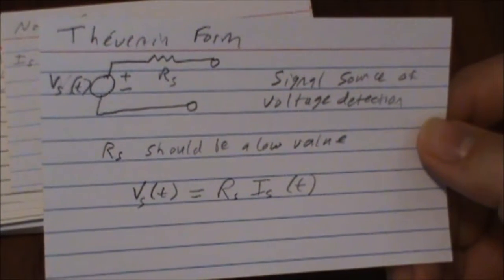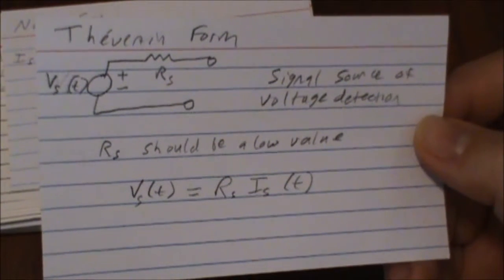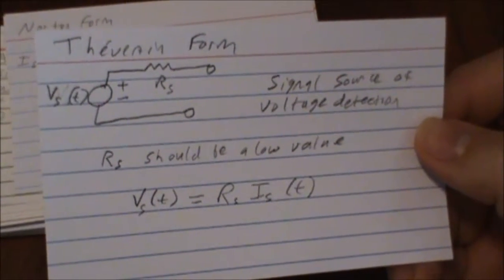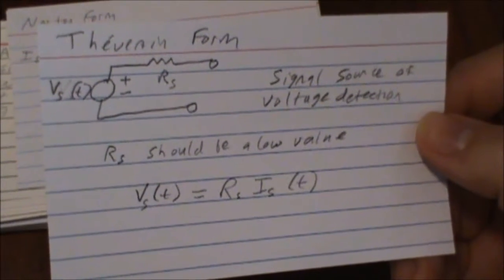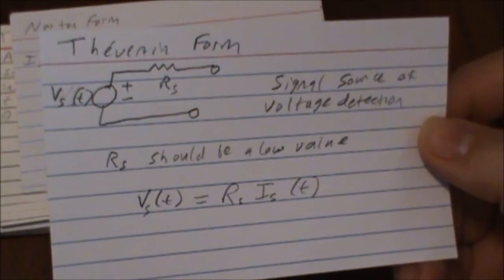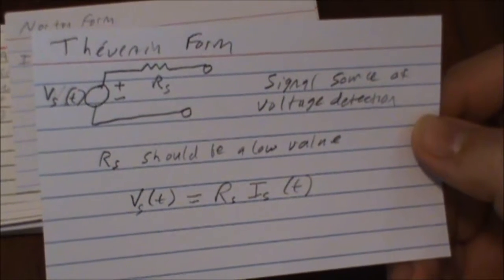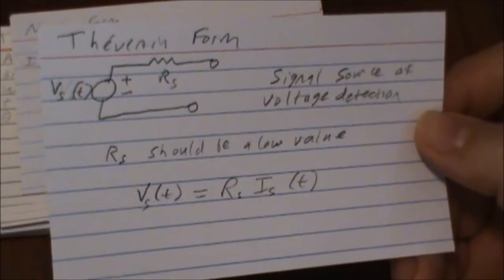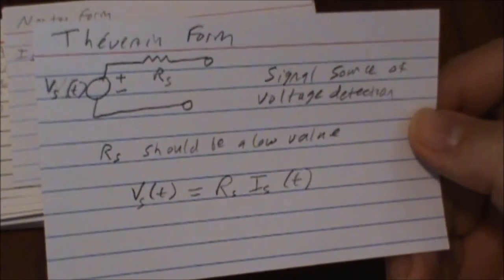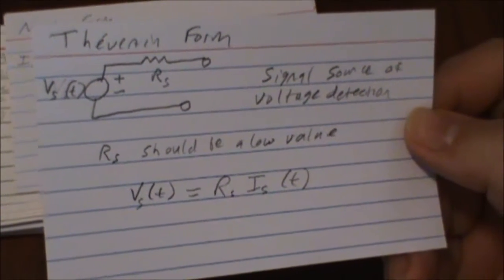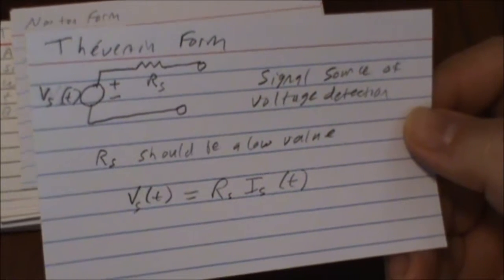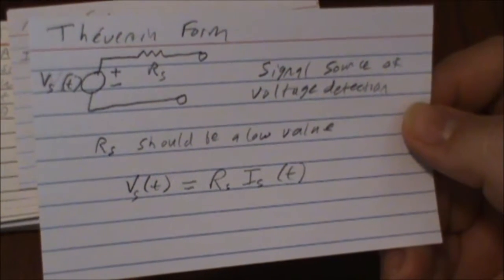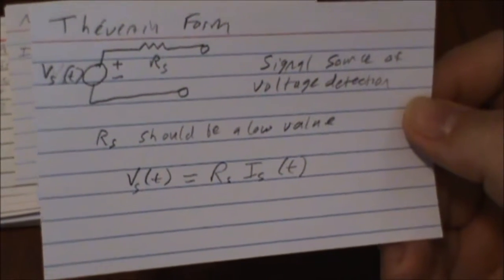It should probably be a low value because the voltage across the resistor is going to be equal to, well, V equals I, your current, times R, the resistor. So if it's, say, close to just 1 ohm or so, then it's not going to degrade the voltage of the power coming to the source, but I go on too much.